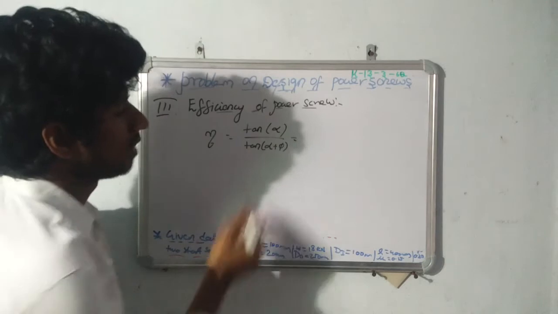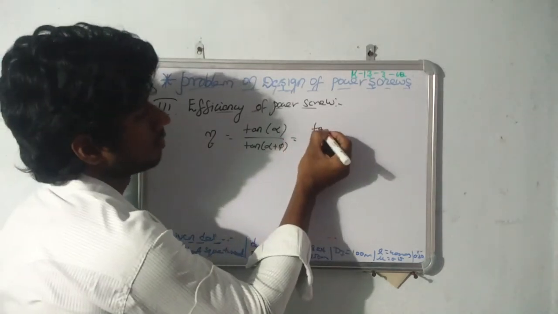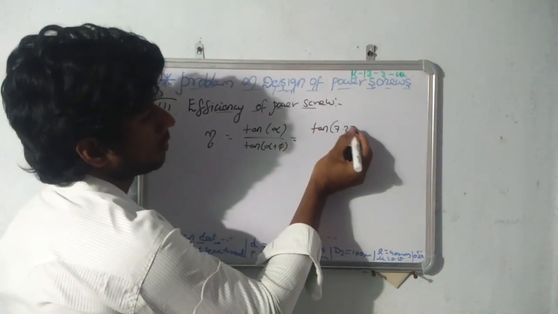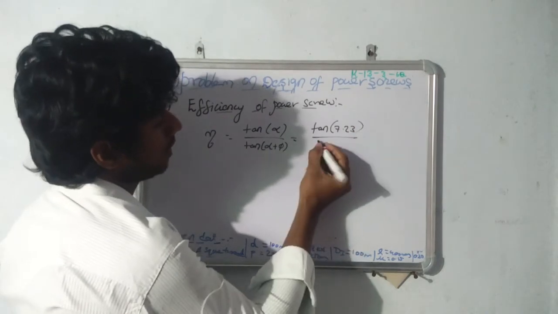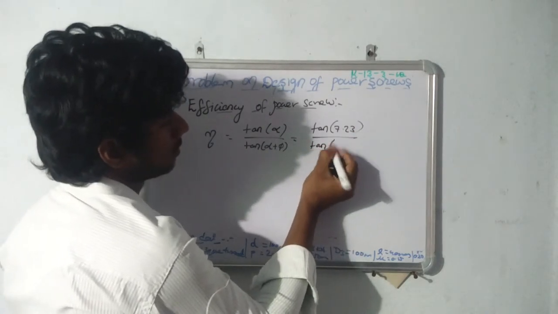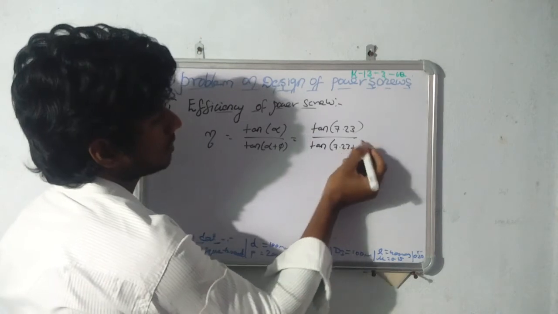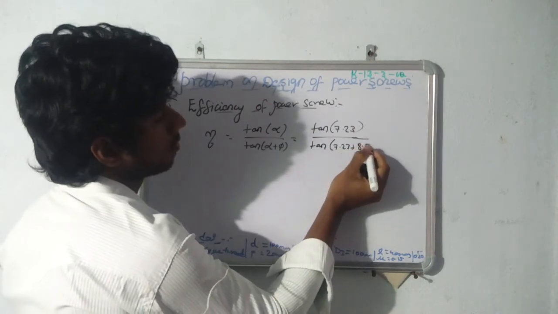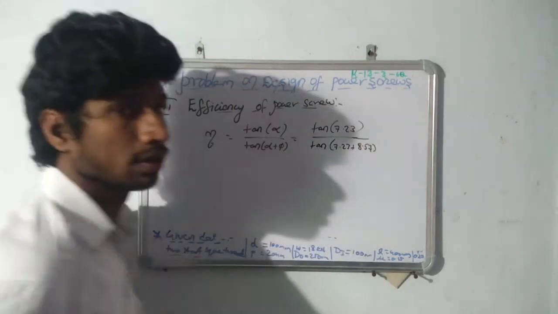Here the alpha value is 7.23, divided by tan of 7.23 plus 8.53, that is the value of phi.